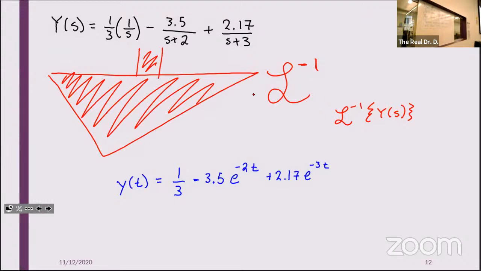But the process is this: we do partial fraction expansion based off of what the roots are. We do partial fraction expansion, and once we solve that, we've got our equation in a format that is usable in the Laplace transform table.